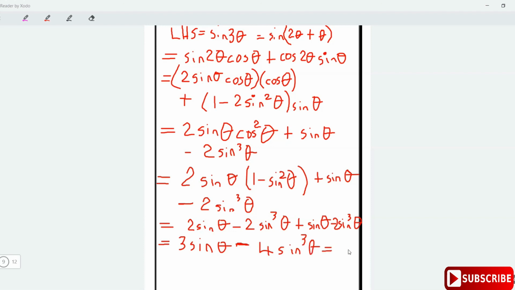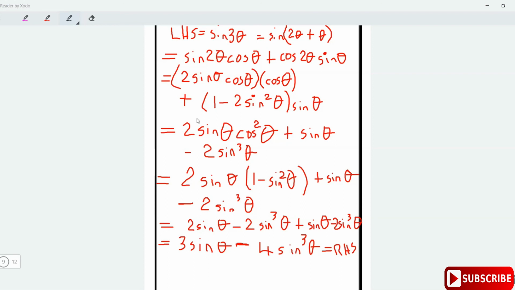This is now our right-hand side. So again, the trick: first thing, rewrite sine 3 theta as sine of 2 theta plus theta. Then expand it using the compound angle formula: sine 2 theta cos theta plus cos 2 theta sine theta. Then rewrite sine 2 theta as 2 sine theta cos theta times the cos theta, plus rewrite cos 2 theta as 1 minus 2 sine square theta.